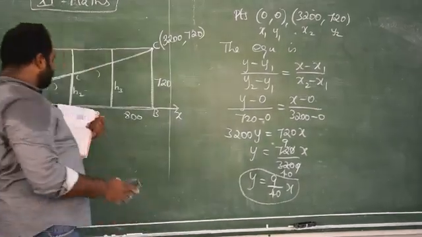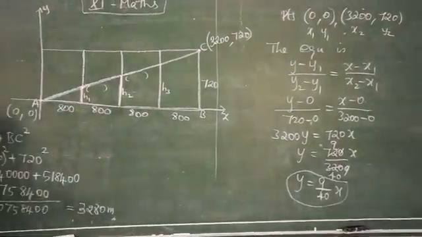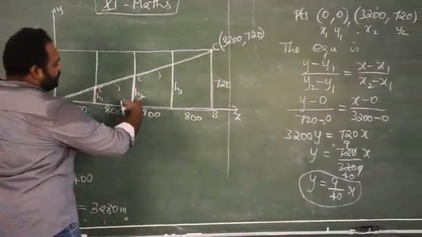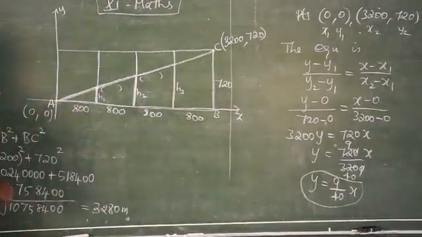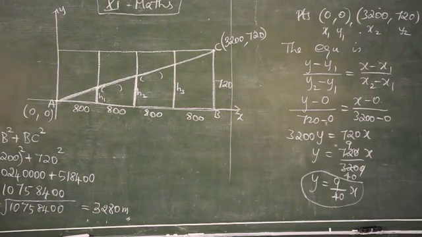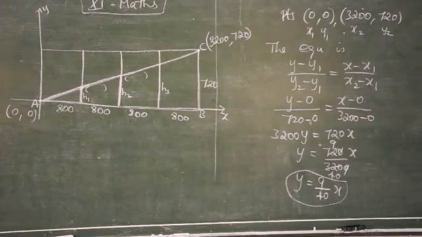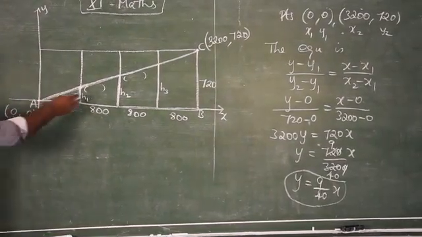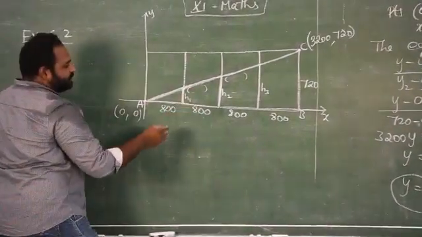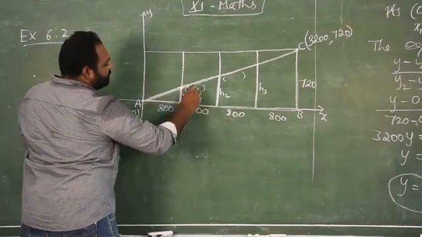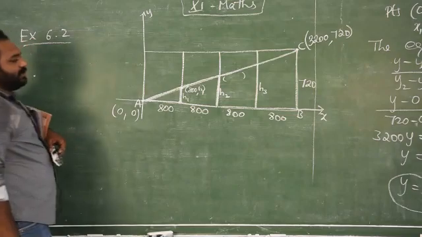Next, they are asking to find the h values. Using this general equation, I am going to find the heights. First, for this coordinate, the x value is 800. Here I don't know the y value; we have to find h1.